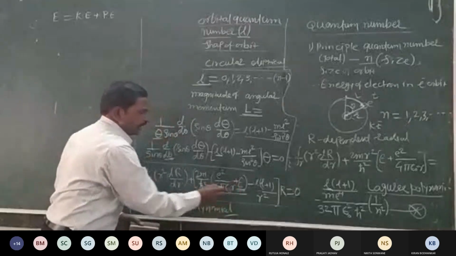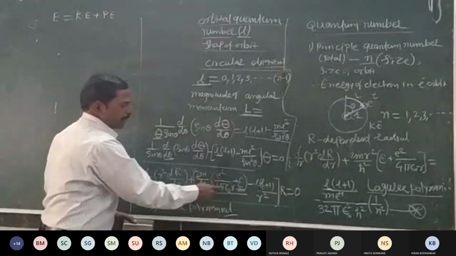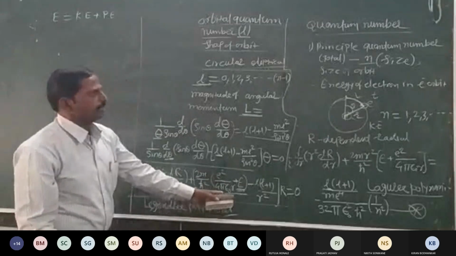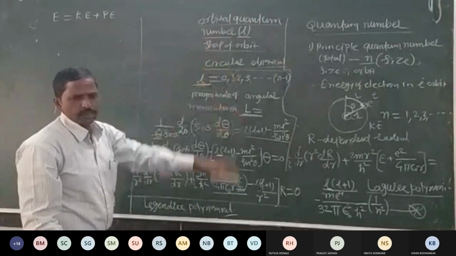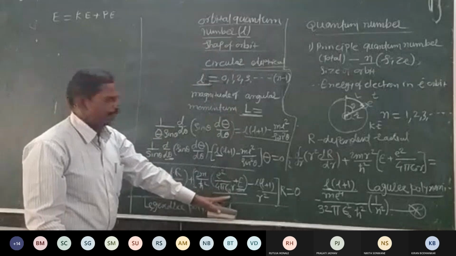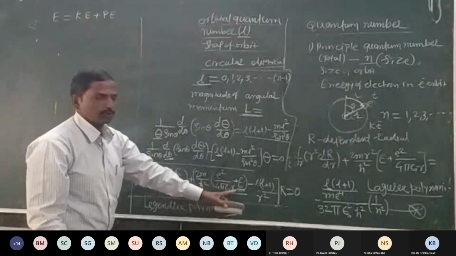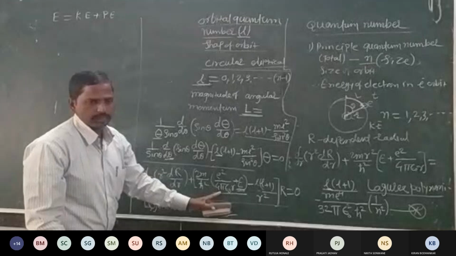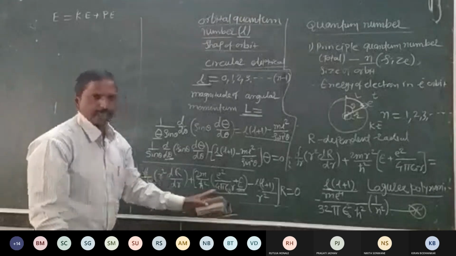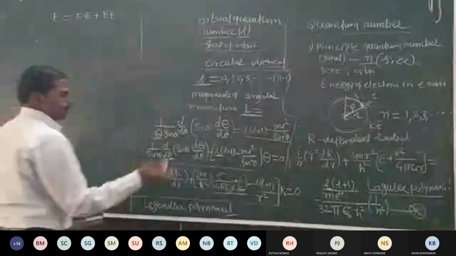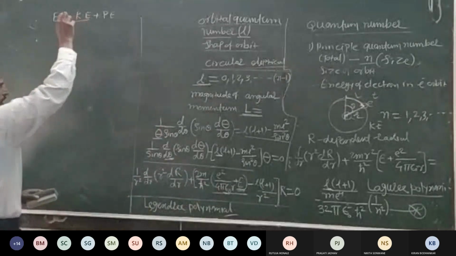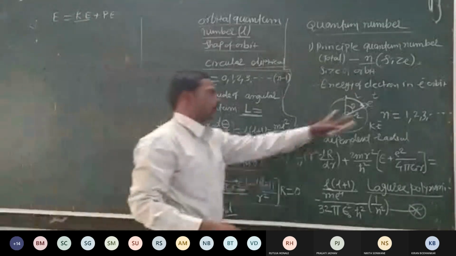E square upon 4 pi epsilon 0 R is the potential energy, and that we already considered earlier: V is equal to minus E square upon 4 pi epsilon 0 R. We already considered this, so I don't think it needs to be repeated. Now we have to look at this kinetic energy of the electron in the electronic orbit.